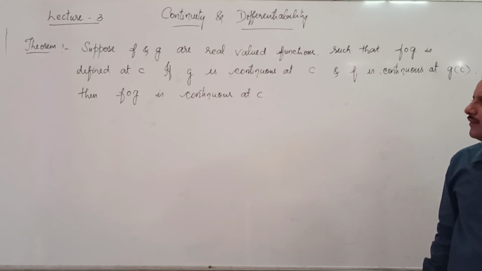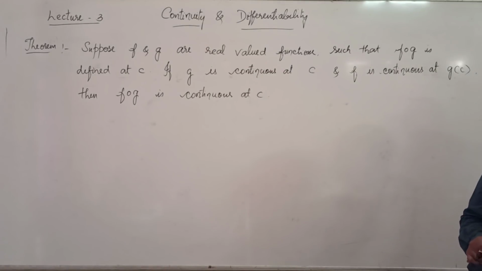Recall, f and g are two real valued functions such that f circle g is defined at c. If g is continuous at c and f is continuous at g of c, then we can say that f circle g is continuous at c.